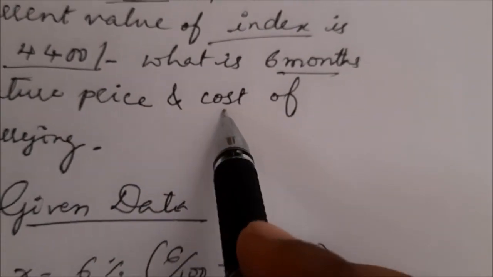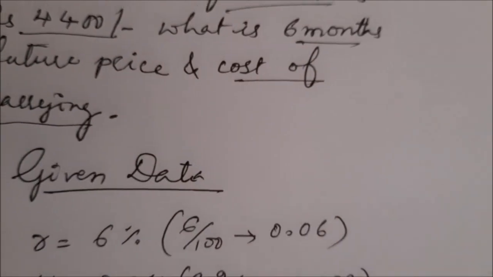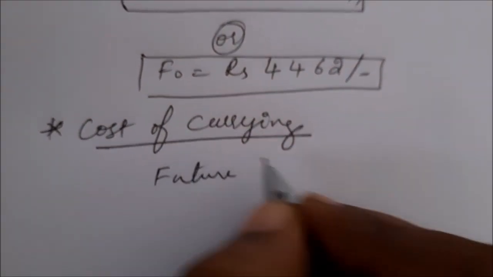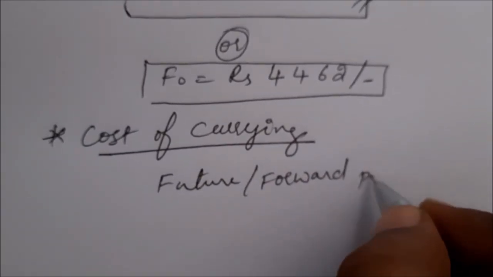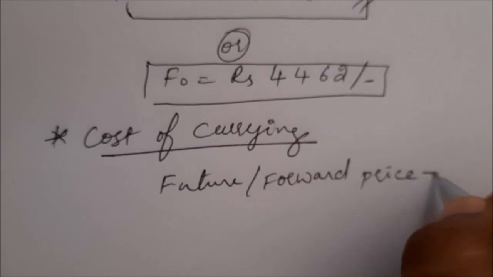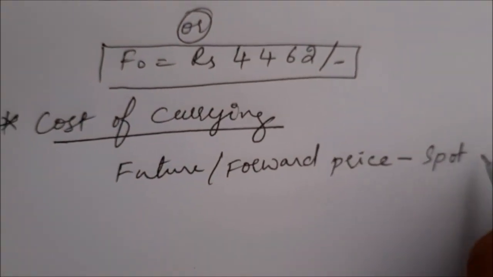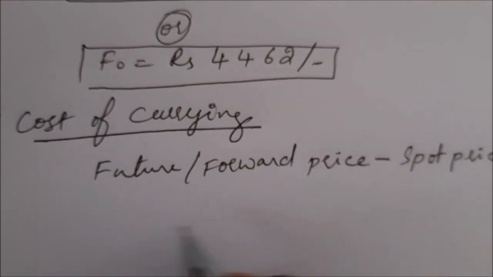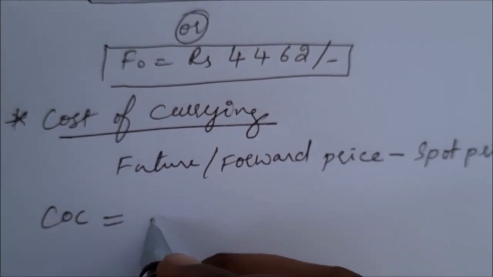So next we have to calculate the cost of carrying, and the cost of carrying formula is future or forward price minus spot price. So COC is equal to future or forward price.